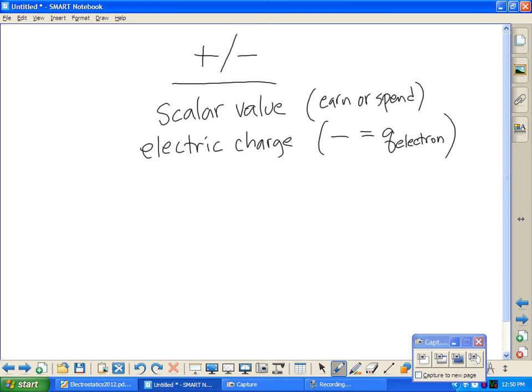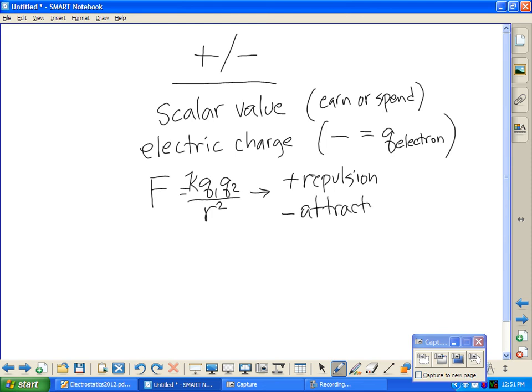What else might it be? Well, if we evaluate the Coulomb force, a plus or minus here will indicate a repulsion or an attraction. Let's say when we're adding up the total force on a force diagram like this, you might see something like this.